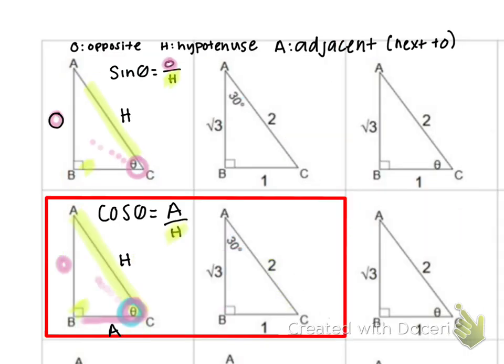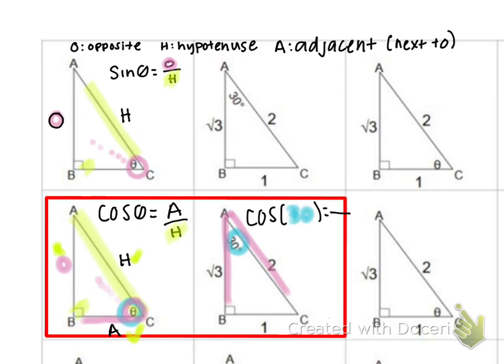So for cosine, we're going to look at the same thing. So same thing for this one, it's cosine. And then instead of theta, you're going to write the angle. So the angle for this one is 30 degrees. So that 30 goes there. For your fraction, the A goes at the top, the H goes at the bottom. So A means adjacent. So you would just look at the side that is right next to the 30 degrees. So I have two options, right?